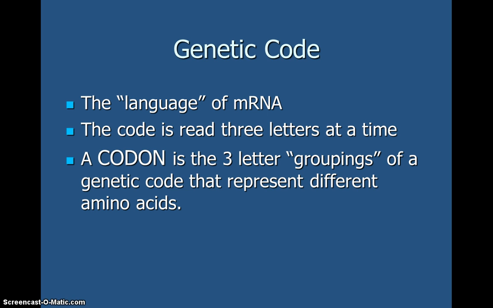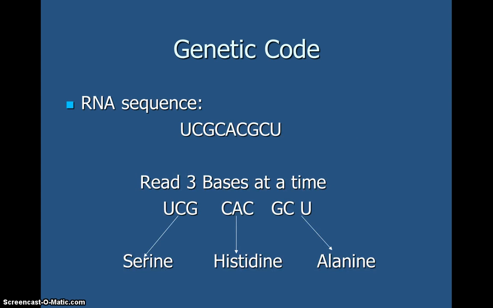So you should know what a codon is, and we're going to learn how to read those. In this RNA sequence, we're going to break these up into 3-letter codes. So we have UCG, CAC, and GCU. Each of these is a specific polypeptide or amino acid group, and I'm going to teach you how to come up with the names.